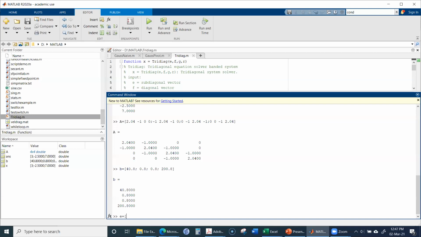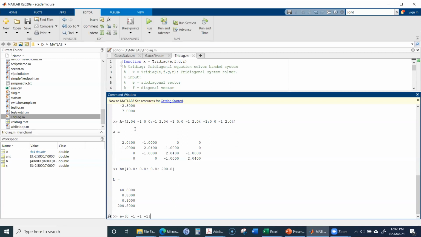For the first row it will be considered as 0, because in the first row there is no subdiagonal element, so we start from 0, -1, -1, -1.